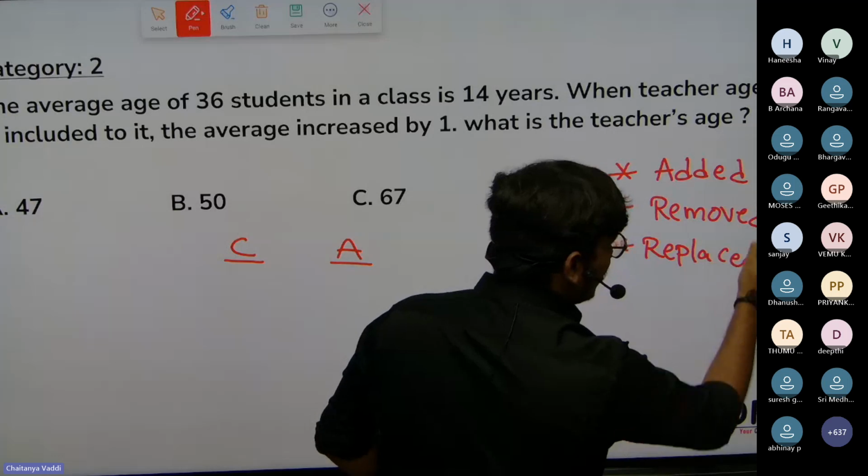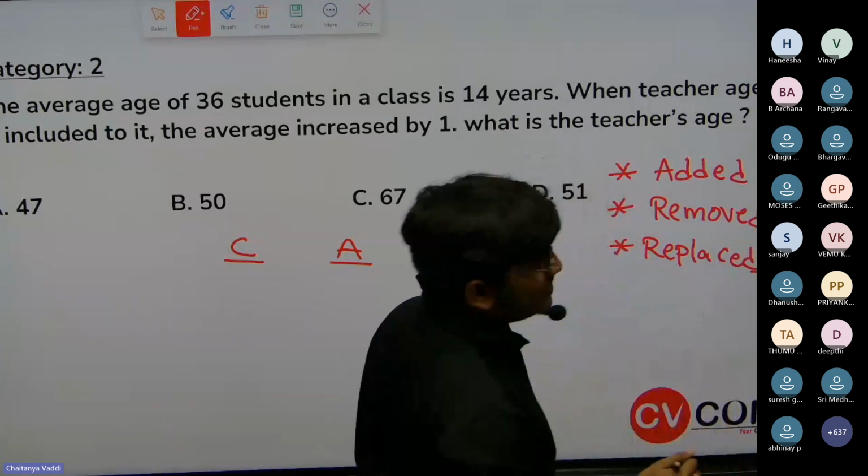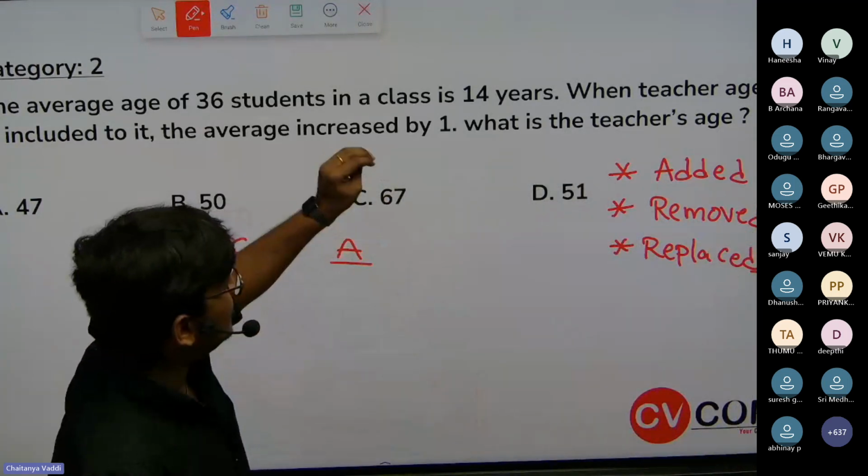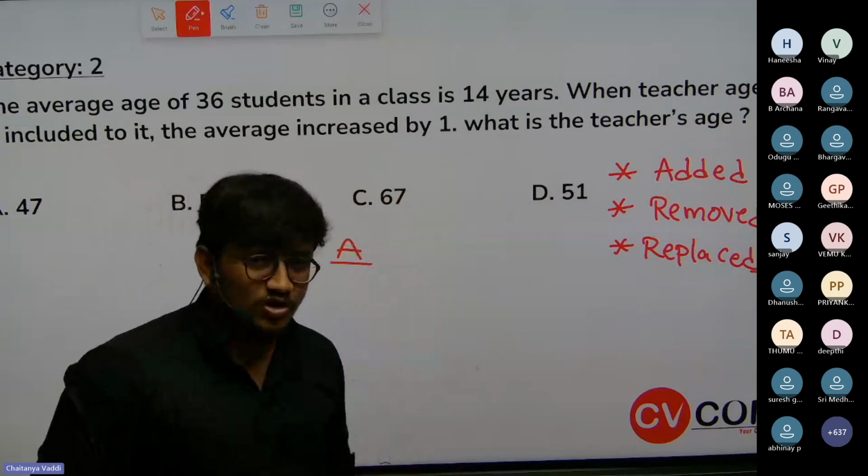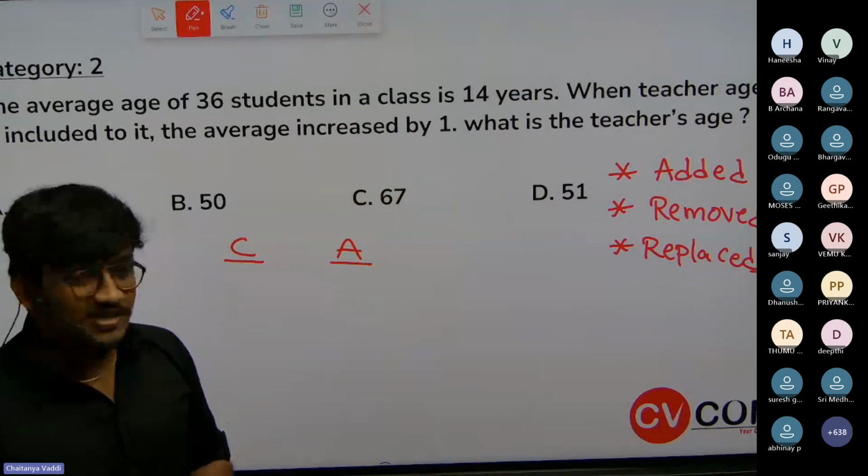If you understand the concept of these three models, then whenever you get any question from them, you can solve it in 1 minute.